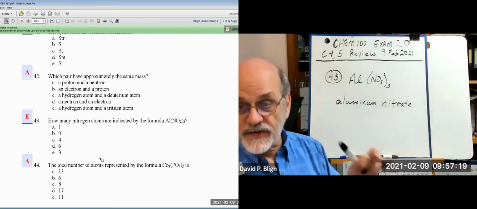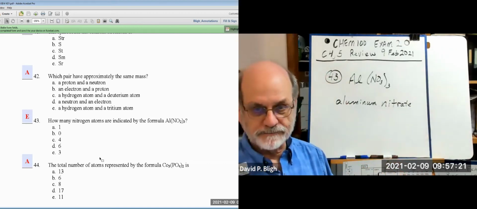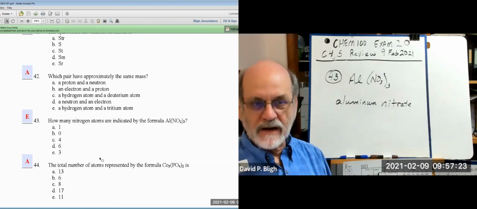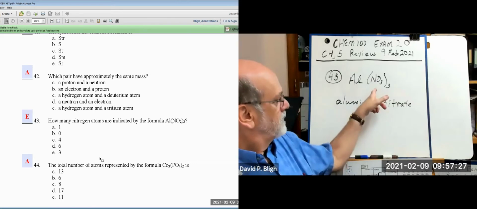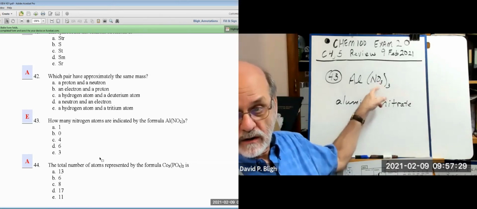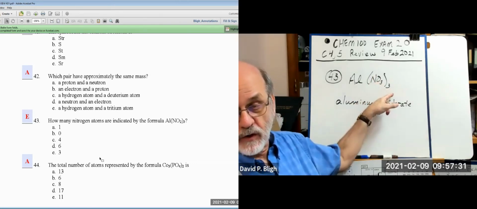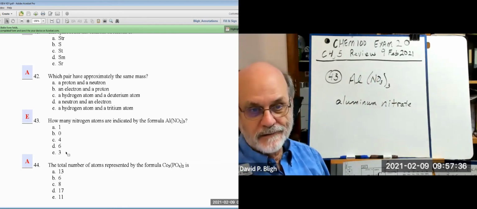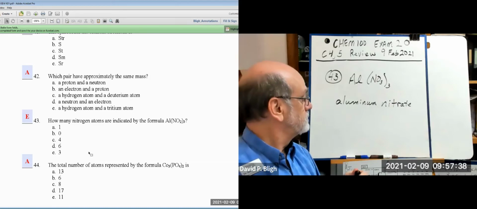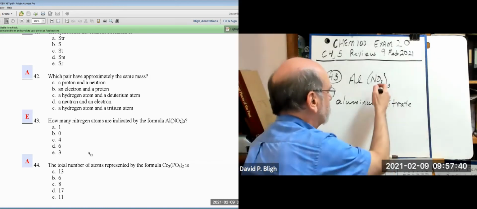That's it. That's the name. Type 1 compound. But to answer the question, how many nitrogen atoms are there? Well, there's 1 per group, and we got 3 groups. So you have to have 3 nitrogen atoms in that molecule. That's why E is the answer. You have 3.